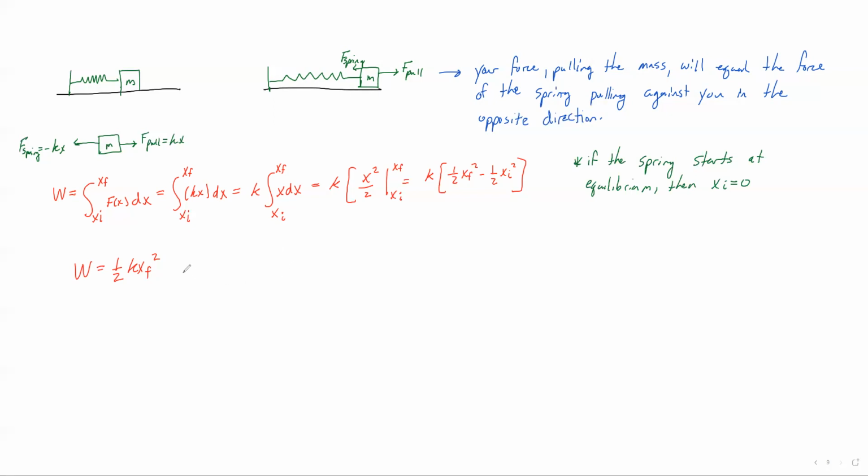So we can say this in better terms, right? We can say that the work equals 1/2 kx squared. What does that mean?